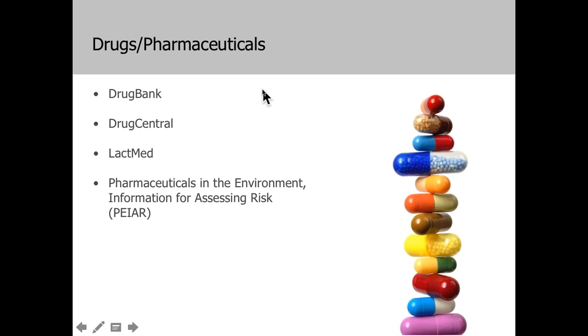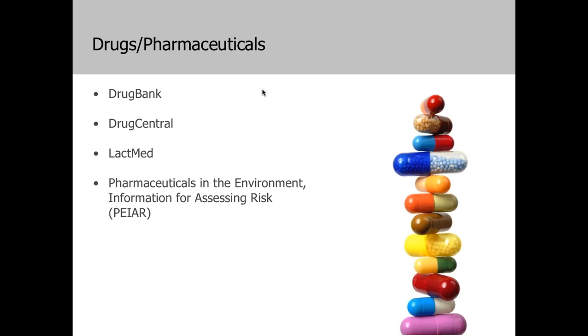Drugs and pharmaceuticals. Of course, most drugs or pharmaceuticals are chemicals, and so we have quite a bit of information on those compounds in other databases like HSDB and Artex.